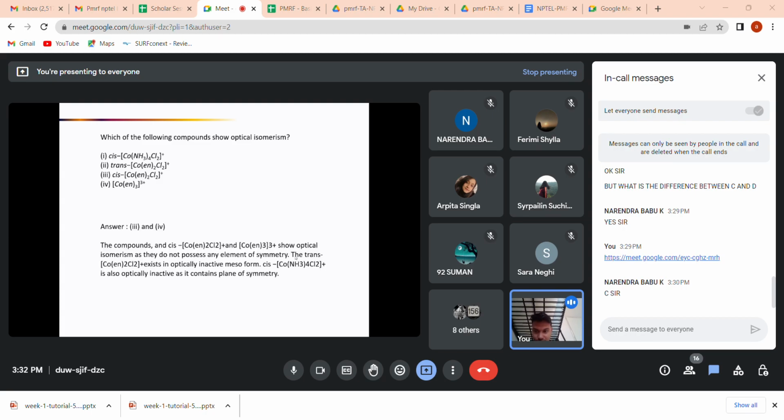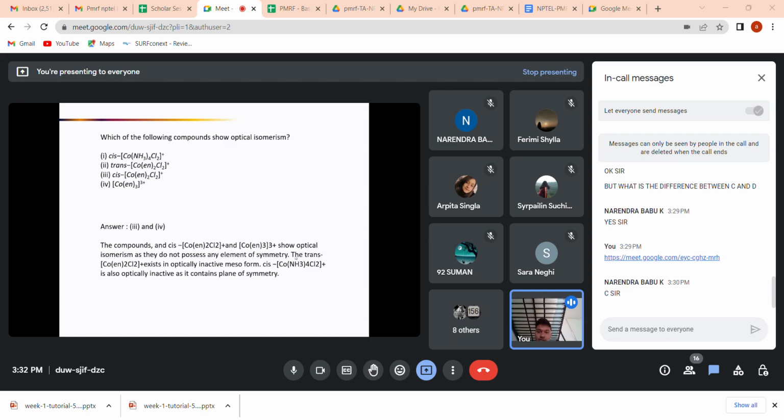Whether each of these molecules is symmetric or anti-symmetric, from that we can understand which will show optical isomerism and which will not. So if you see these compounds, you will find that the first complex is your cobalt tetraamminedichloro complex. If you draw the structure, it will have some symmetry, because you will find a C2 axis, I think, in the first option.